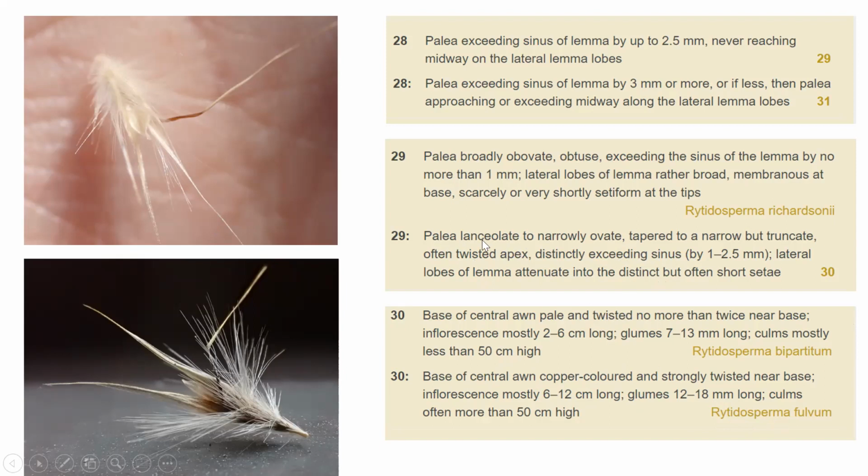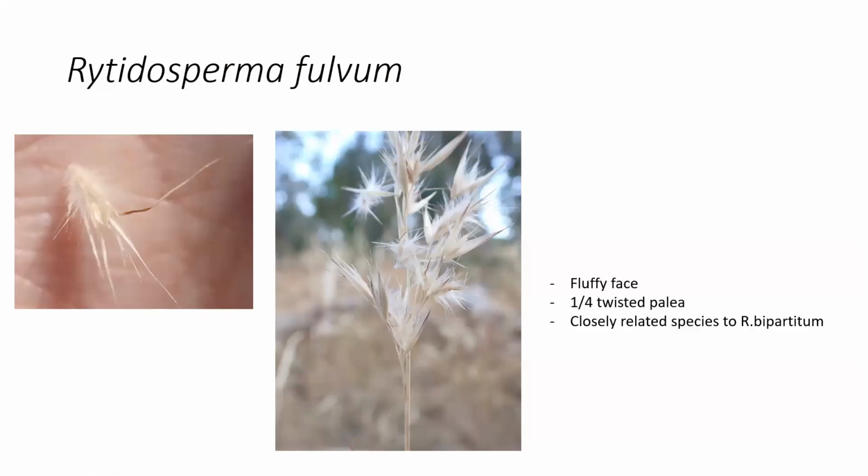The palea has a slight twist in it. You can see that in this top photo, like a quarter twist, and that's actually a really diagnostic feature of both Rytidosperma bipartitum and fulvum. If you see that, it's hairy, it's got the twist, you'll likely have either of those species.